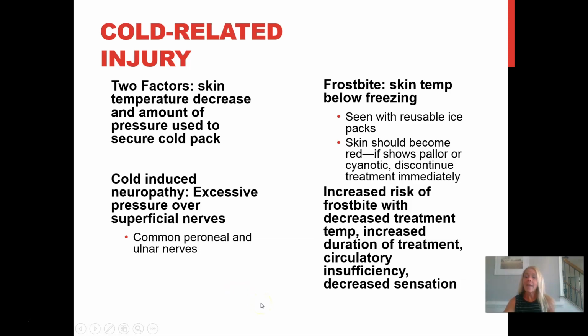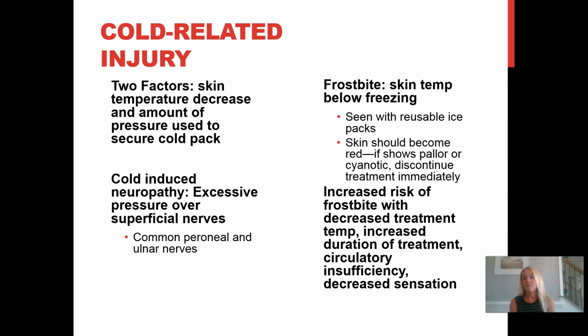So again, there can be a risk of cold-related injury. We are most likely to see this in someone who has poor sensation or poor circulation. But the two things that we might see are, one, a cold-induced neuropathy. This is going to be most common, usually at the elbow or knee, where we have very superficial nerves, and then we apply an ice pack on top of that. So the common peroneal nerve, the ulnar nerve, those are both relatively superficial.